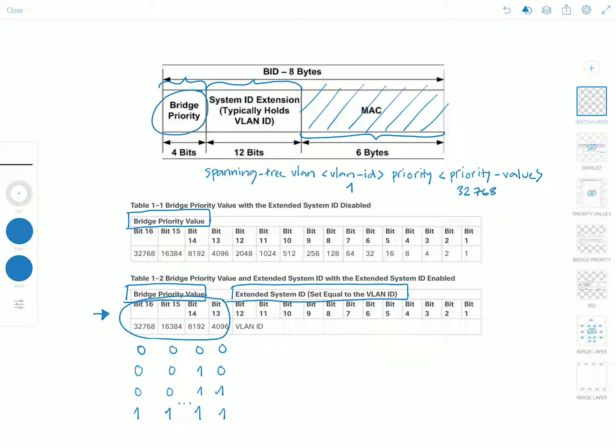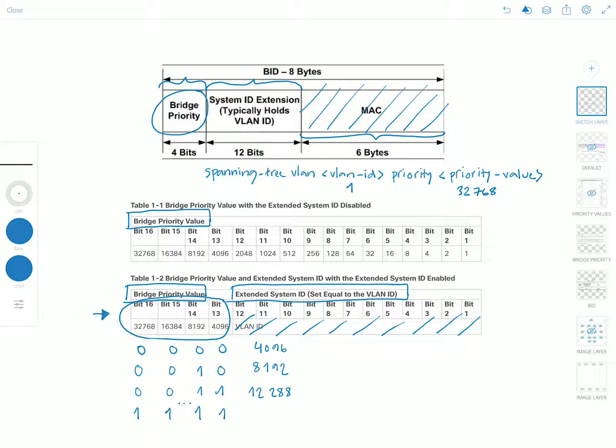So when these are converted to decimal, they are 4,096, 8,192, and 12,288 respectively. So you can see that the priority value is always incrementing by 4,096. And that is essentially because we can't touch these 12 bits because they hold the VLAN ID.